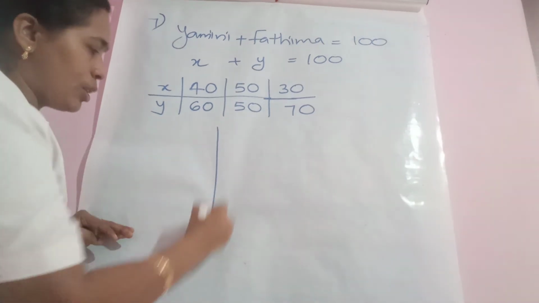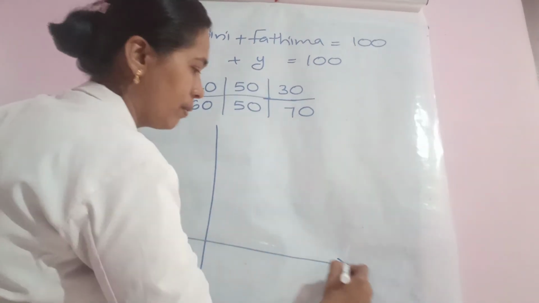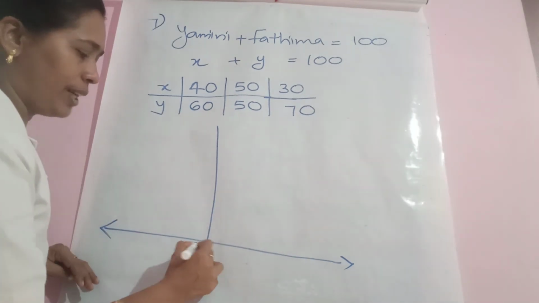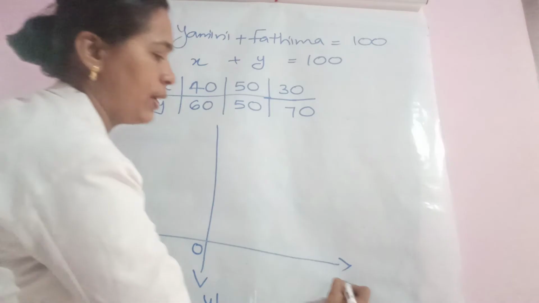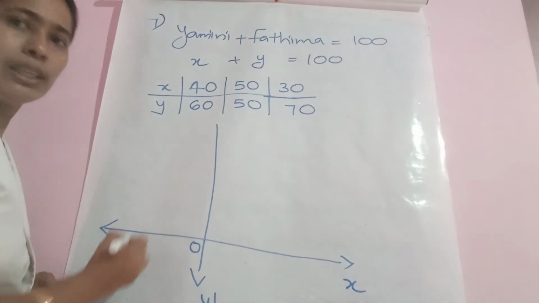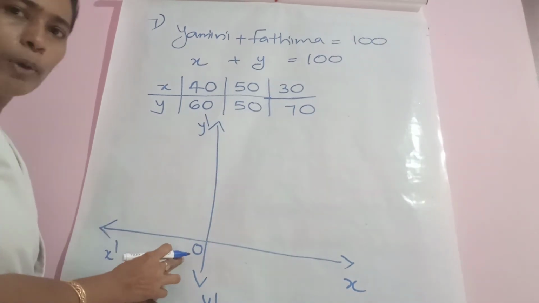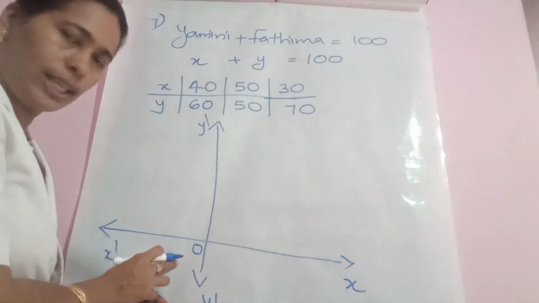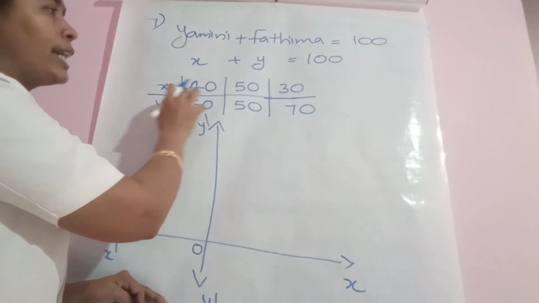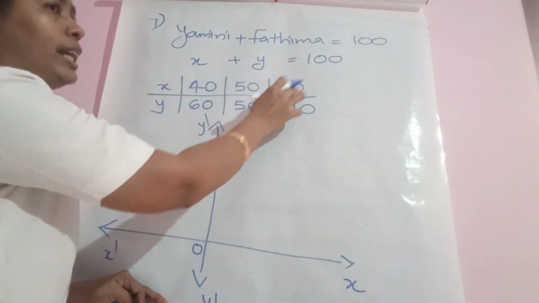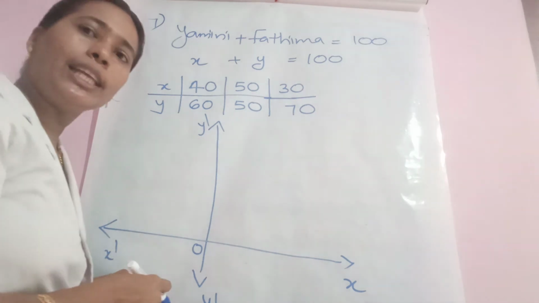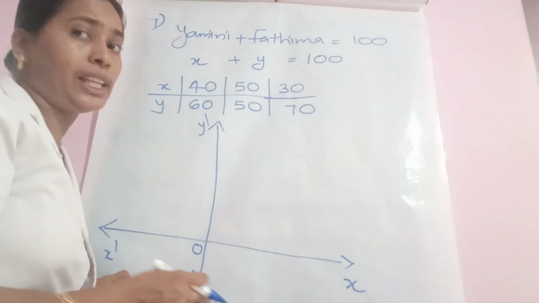So let us draw the axes first. X dash, then on the top, y dash. Then 0 is the starting point of both axes, that is the origin. Then along the x-axis we need 40, 50, 30, etc. It is not easy to do when you are keeping the scale as 1, 2, 3, 4.